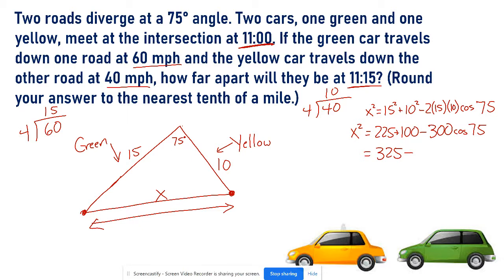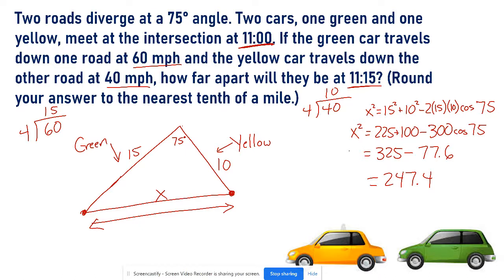When you work that all out, it's approximately 77.6-ish. And then when we simplify that and subtract, it's going to be 247.4. Again, that's approximated. You can get a better approximation on your calculator.